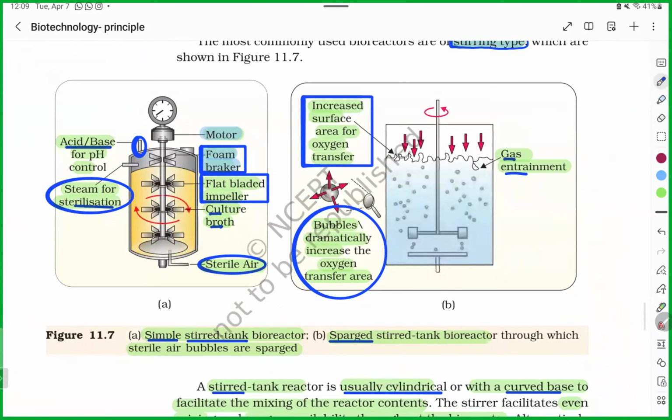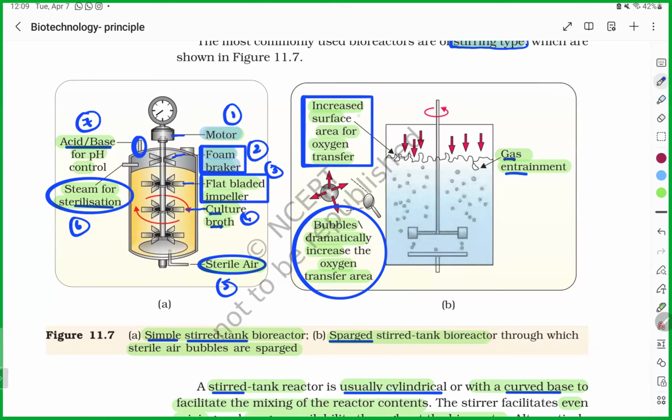Lowermost, starting from here: first motor, second foam breaker, third flat blade impeller, fourth culture growth, fifth sterile air, sixth steam for sterilization, and seventh acid base pH control. Uppermost pH control, side steam for sterilization, lowermost air, correct?